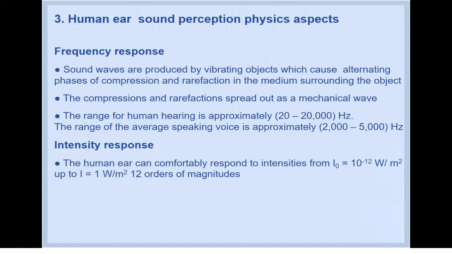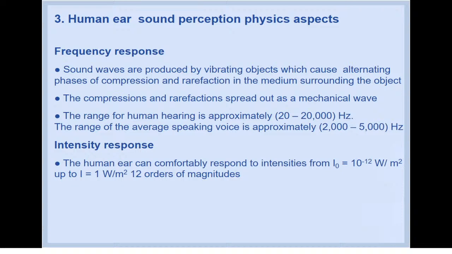And now let's consider one more kind of mechanical waves that are audible and that are named as sound, to distinguish them from other mechanical waves that are not audible.